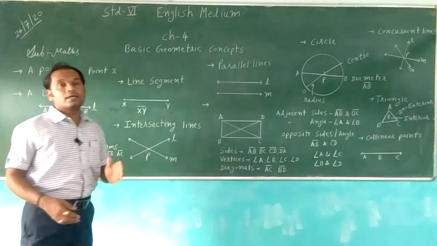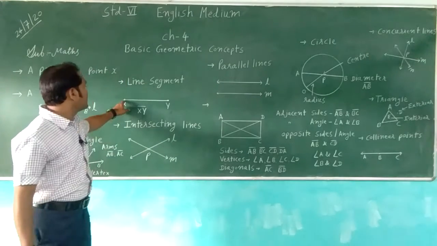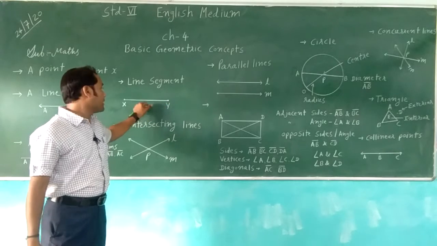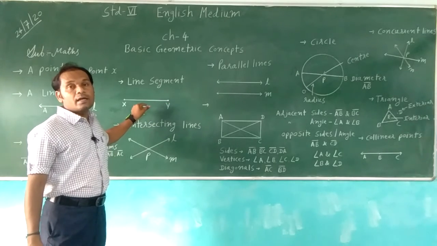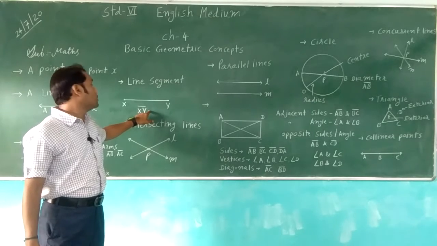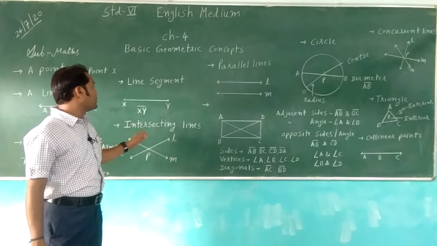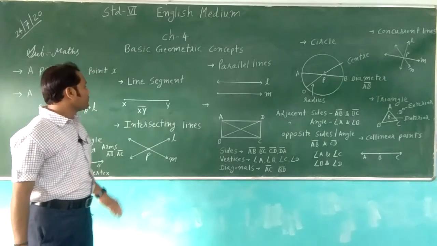So the line ends here. We can also measure this line with a scale and write its measurement. It is read as line segment XY.